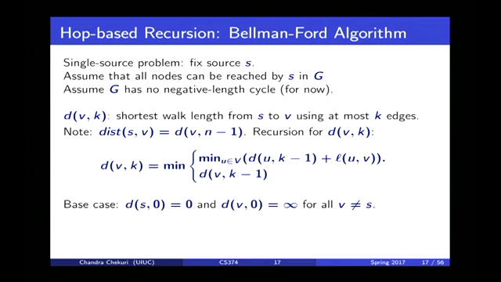If not, I will find some other walk from S to U with at most k minus 1 edges and then go from U to V. That will only make my walk shorter. So my claim is that d_v^k is the min of d_v^(k-1), and, looking at all the vertices that can reach V in one step, the min over all U of d_u^(k-1) plus the length of the edge from U to V.